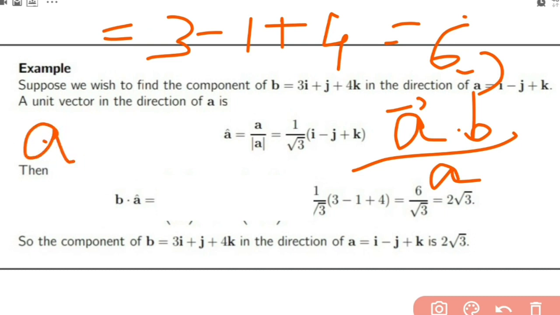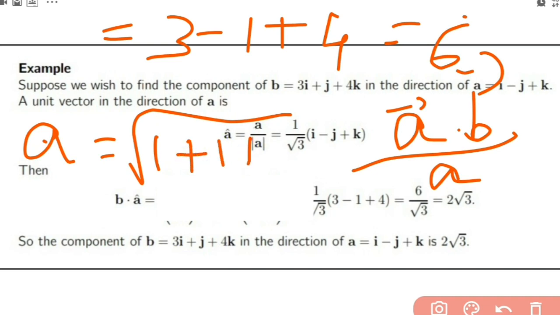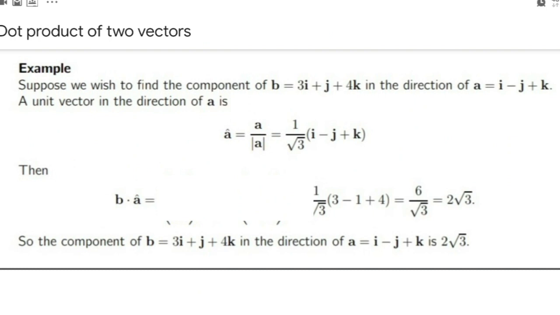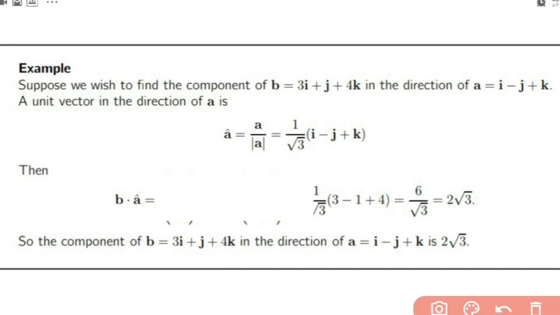Now what is magnitude of vector A? Magnitude of vector A is root of 1 plus 1 plus 1. That means root 3 is magnitude of vector A. So A dot B is 6, and A is magnitude of vector A. So we have that component of B on A as A dot B by A, that is 6 divided by root 3.